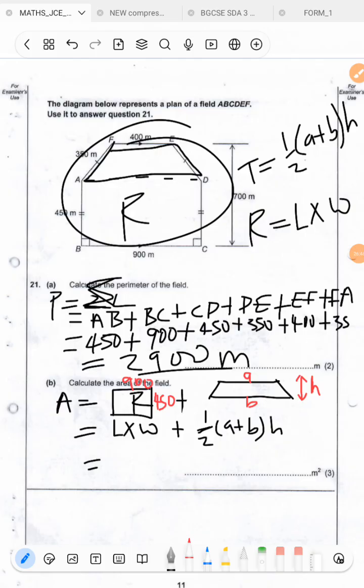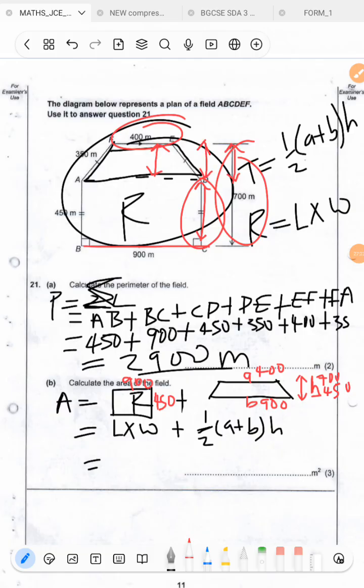So how do we get those? A is going to be equal to what? A is the smaller section there, which is 400, and then B is the base here, which is going to be 900. And then what is the height? The height is found by, remember the height is from this to that. So we already have a piece of this, and a piece of that. So that means if we subtract 700 minus the 450 here, we should be able to get what?